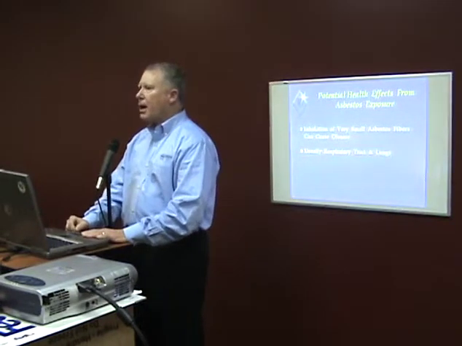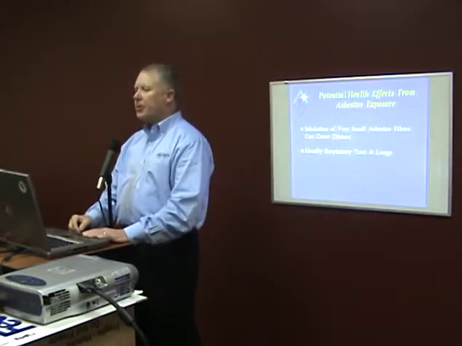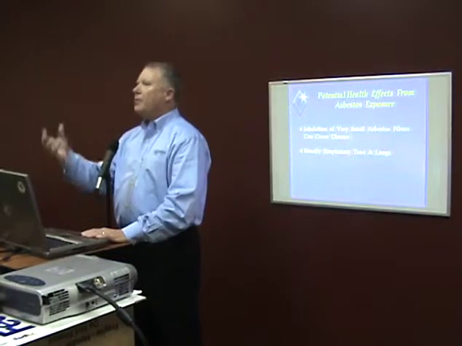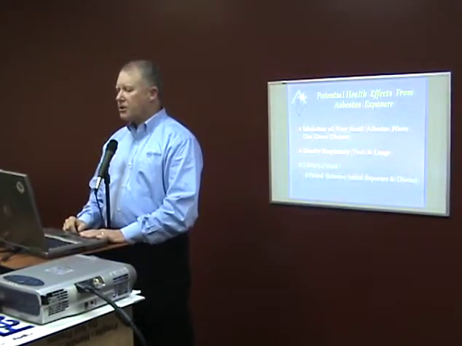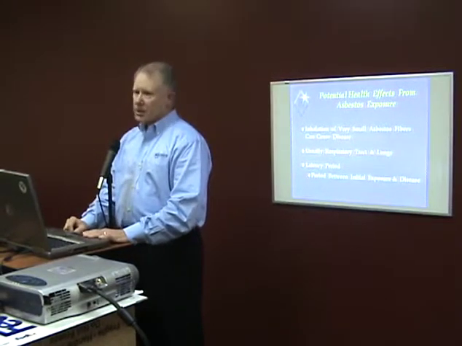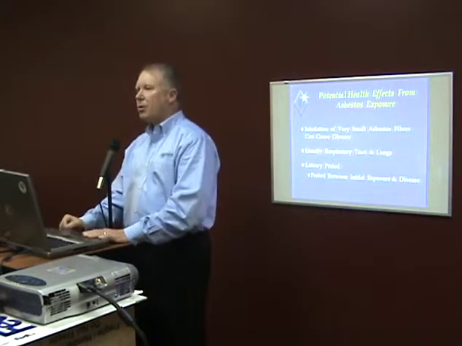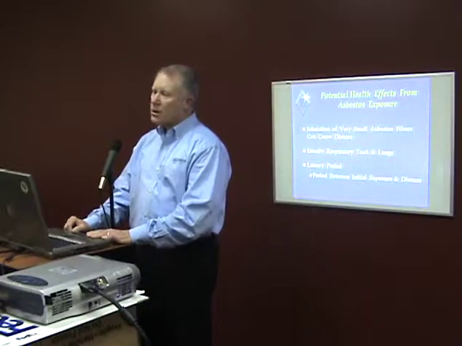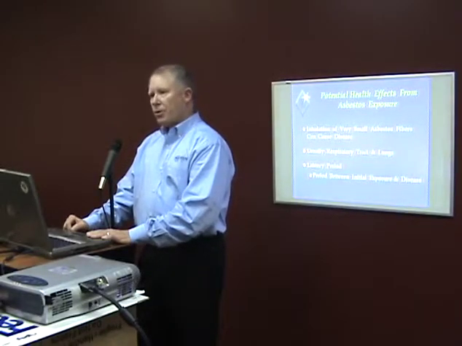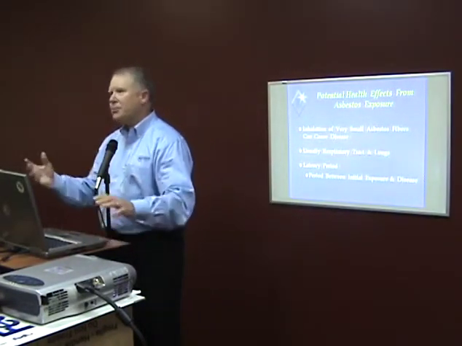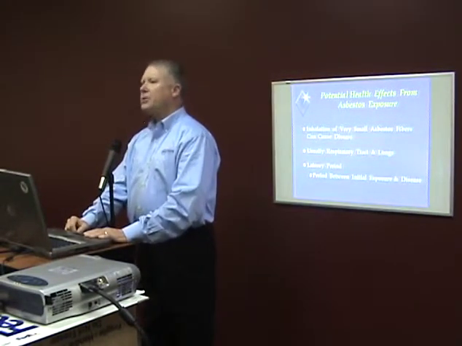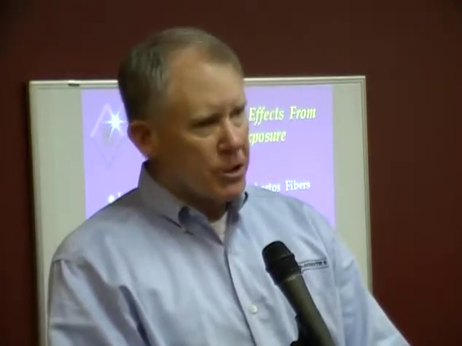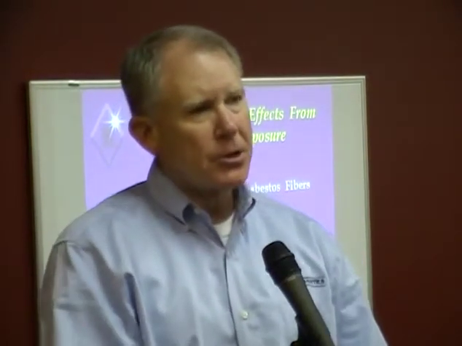And it starts by an individual inhaling these very small fibers, and the fibers getting past your body's immune system to a place where they can cause damage actually inside your body, like I said, normally in your respiratory tract or lungs. Although there are instances where asbestos-related diseases have shown up other places in people's bodies, these are very, very rare.